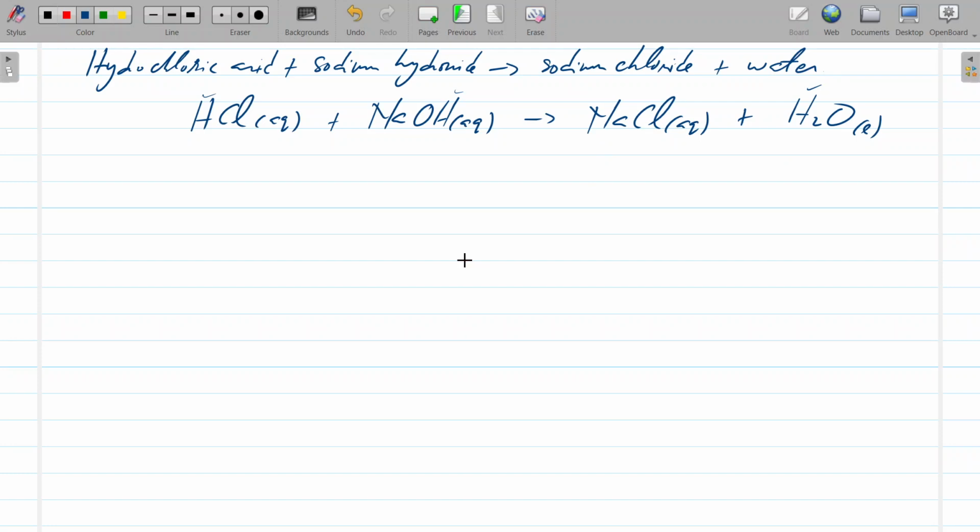One hydrogen over here with the HCl, one hydrogen over here with the OH, two hydrogens over here. So it is already balanced. We're good to go.